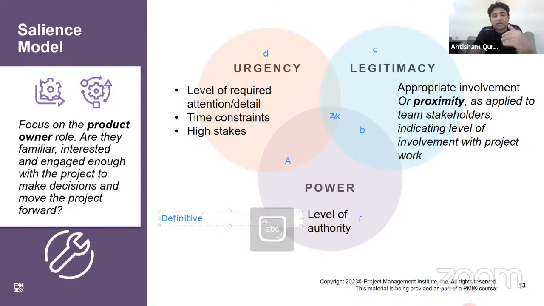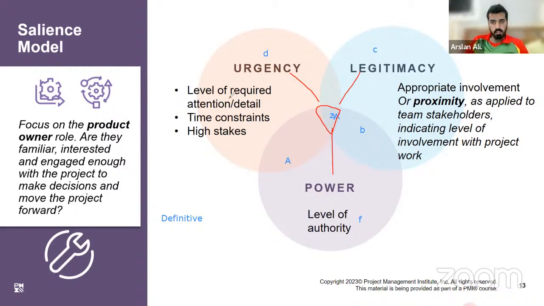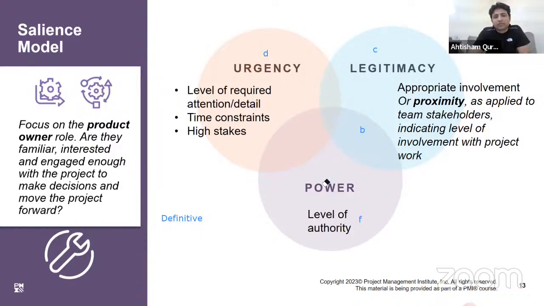So when you interact with them, you give higher importance to this group of stakeholders who have all these three things. As per the salience model, you give them all your attention, whoever falls under this, because he has the urgency, the legitimacy, and the power. So that's how you give them the ultimate importance.